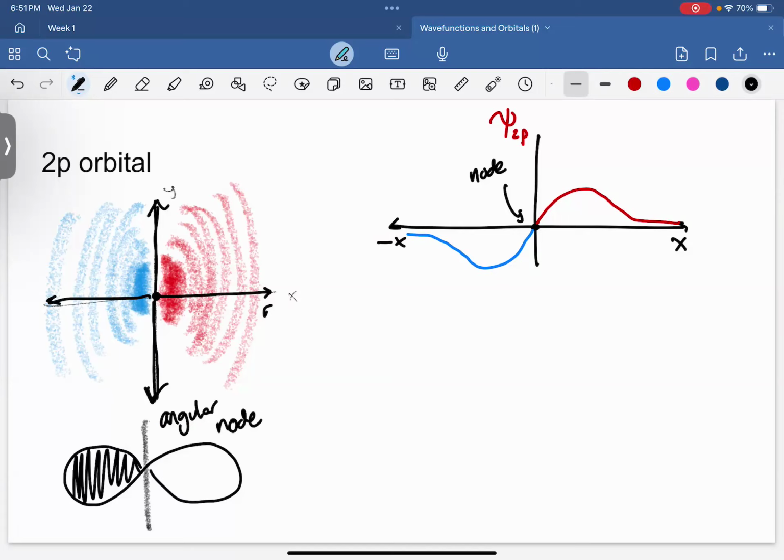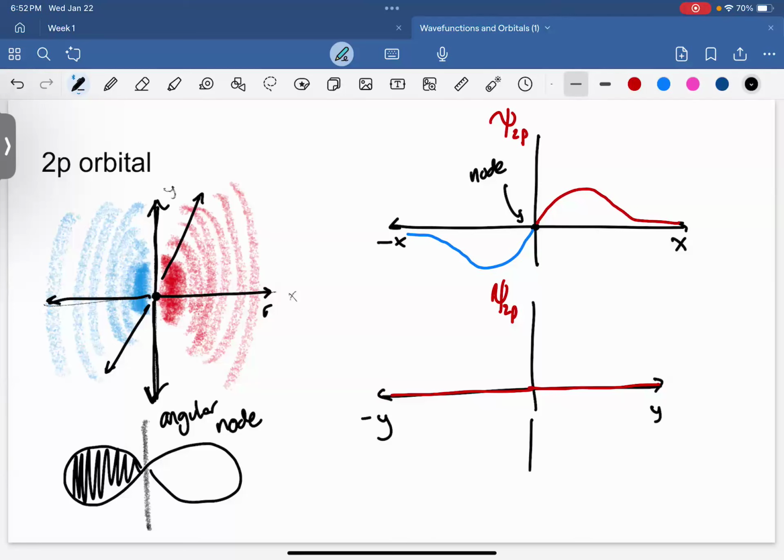what would I see? So if I'm going now from y to negative y, and I wanted to plot psi 2p, well, everywhere along the y-axis, my function is 0. So I would just see this. I see nothing. I'm just going along the node. Now, interesting question, but a little beyond the scope of what we're going to talk about, would be what would we see if we went at some weird angle, like this.